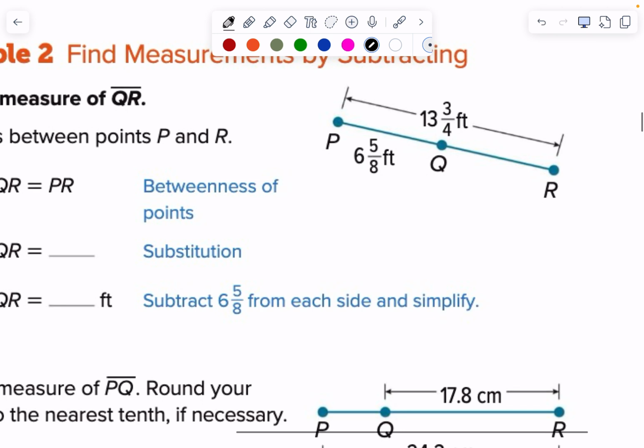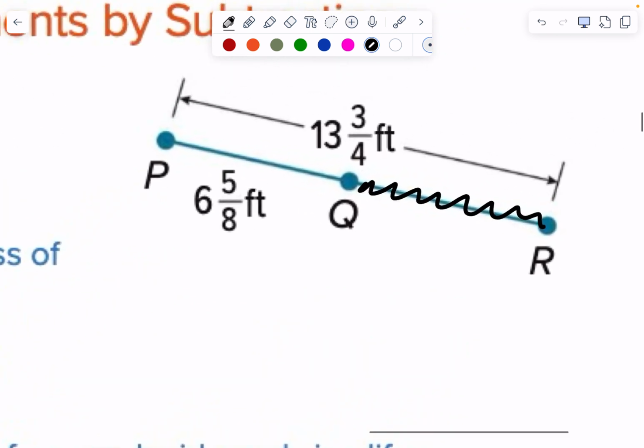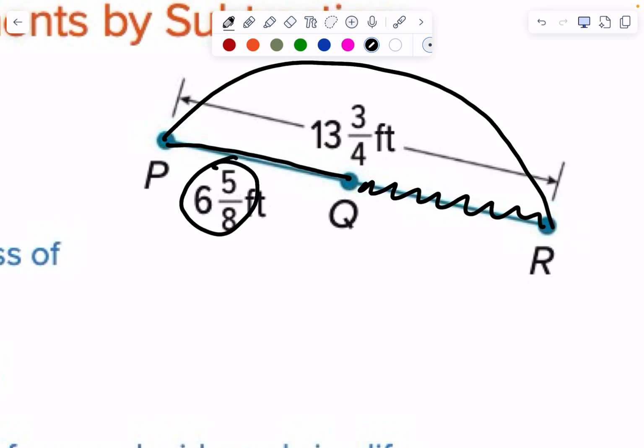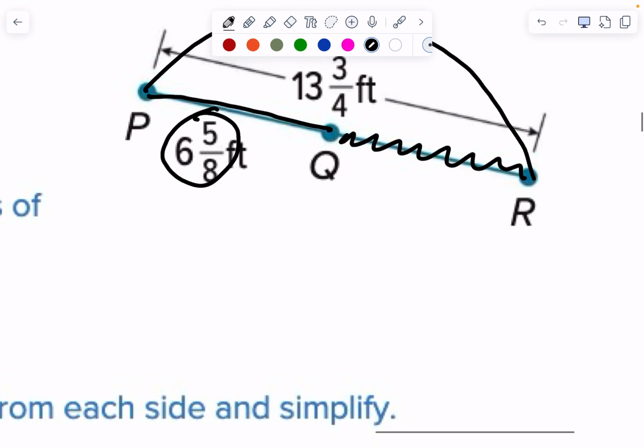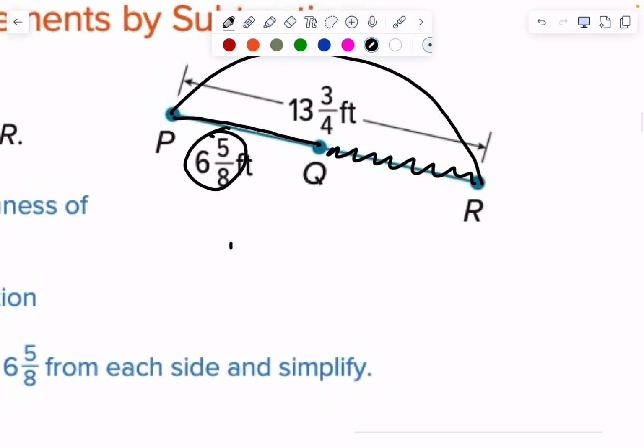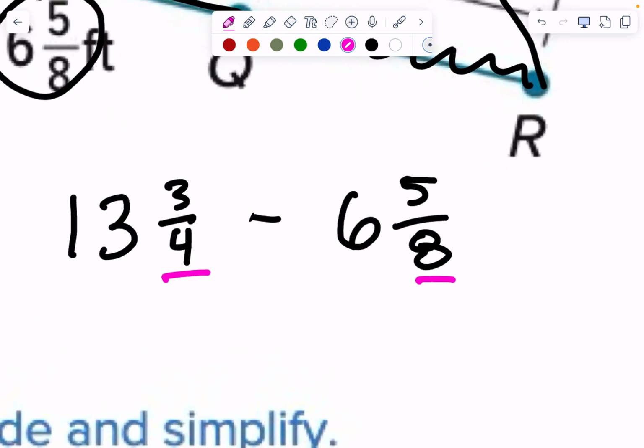Now this one is asking for QR. I just said you can use betweenness of points in reverse. This little piece right here is 6 and 5/8. This whole thing is 13 and 3/4. So how do I do that? Subtract them. 13 and 3/4 minus 6 and 5/8. I want a common denominator, so I want to make this 8.